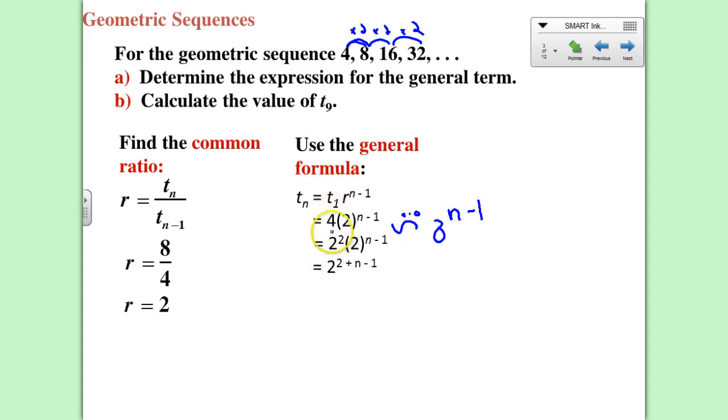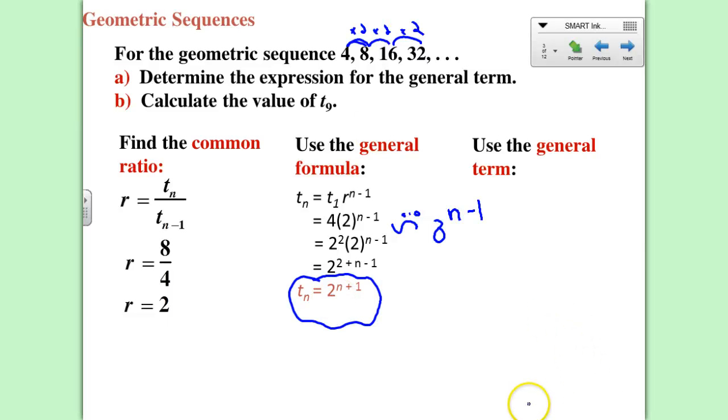We can use something called the same base method and change the 4 to 2 to the 2, which then goes with this 2. Now we can use the laws of exponents, which say if we have the same base, we can add these two exponents together. In a nice reduced form, we can now simplify our general term to something like that. So it's different than what we talked about yesterday, using our algebra skills.